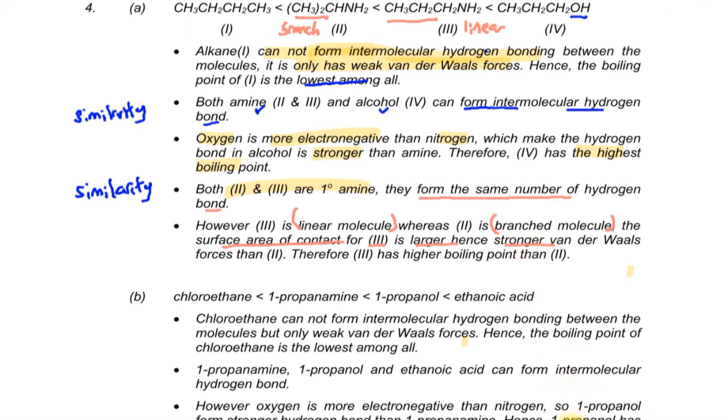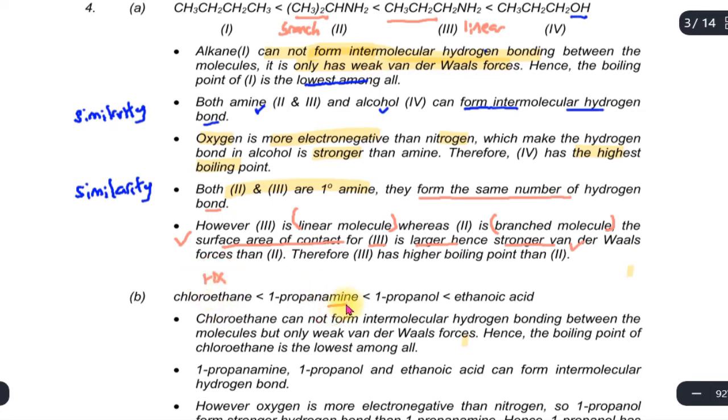This concept is exactly the same as what you learned in alkanes, the isomeric alkanes. The straight chain hydrocarbon has a higher boiling point. Always remember, you must explain it due to the larger surface area of contact and stronger van der Waals forces. Next, B, chloroethane. This is a haloalkane.